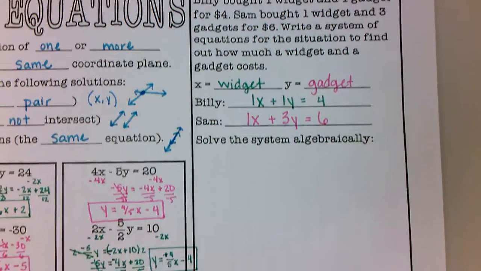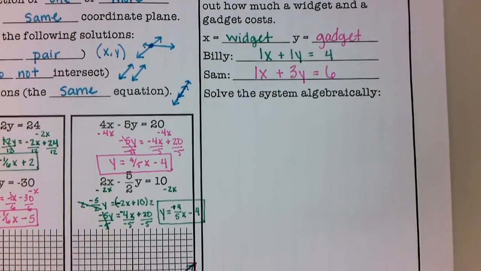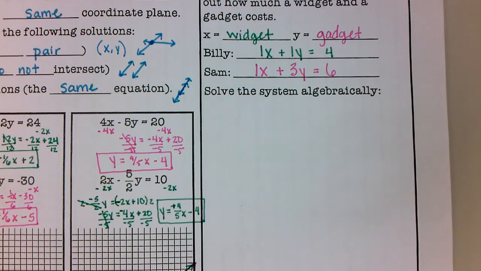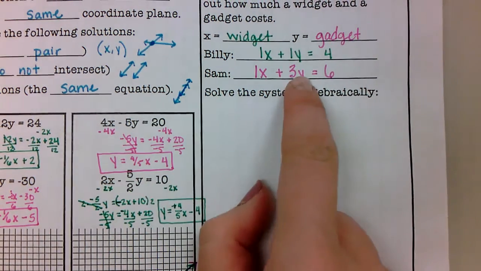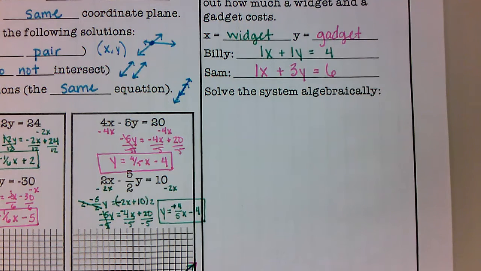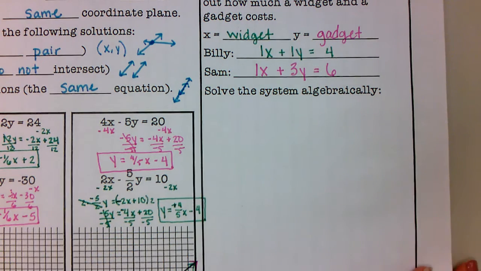So what we're going to do is solve one of them for y, just like we did over here, and then plug that y into the other equation as y. And this is called substitution, which we're going to get into next week some, but I want to go ahead and show you how this works.